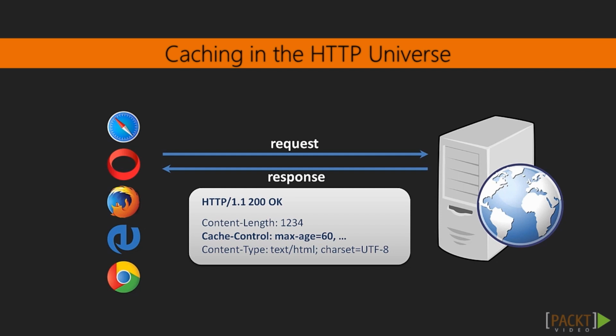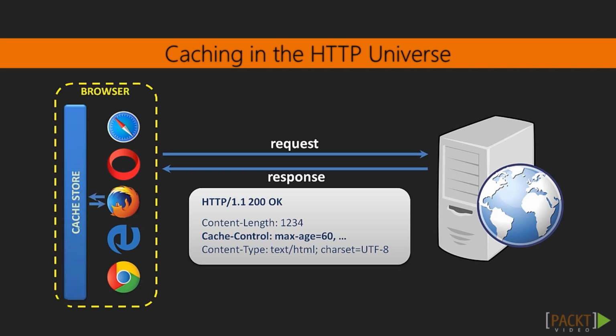It is good to know that Cache-Control, Expires, Last-Modified, and If-Modified-Since headers are supported by all modern browsers. That means once the browser gets a response which could be cached, the next request to the same resource may not go to the remote server at all, and may be served immediately from the browser's internal cache store.